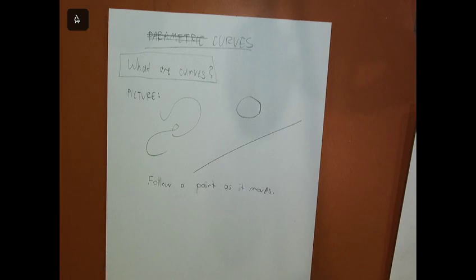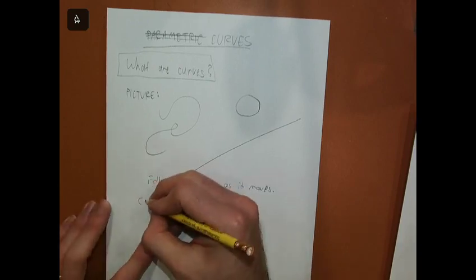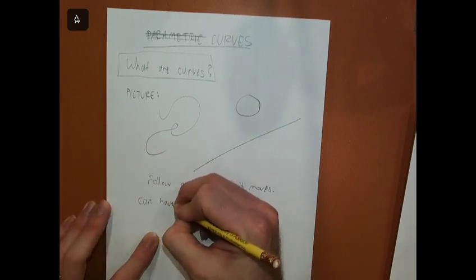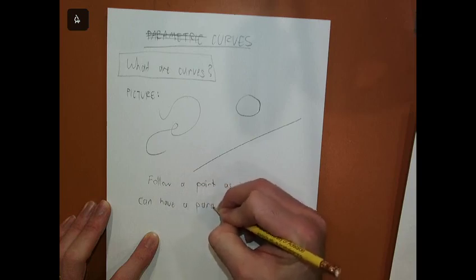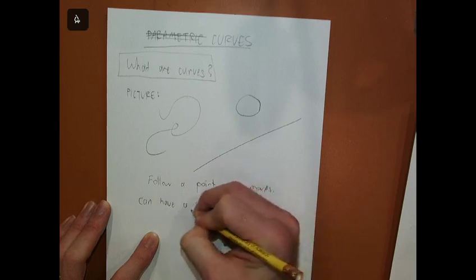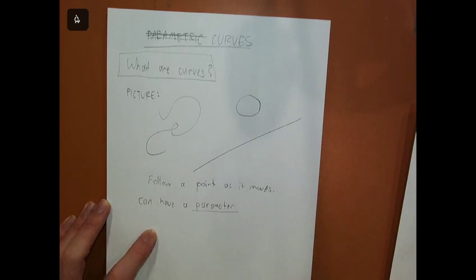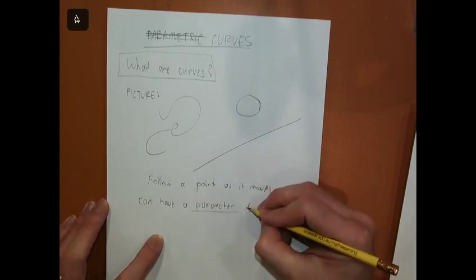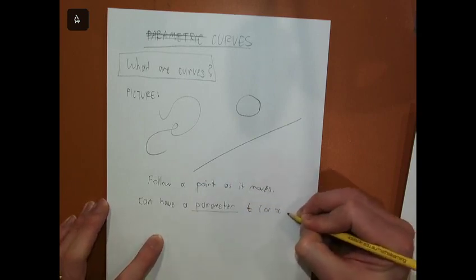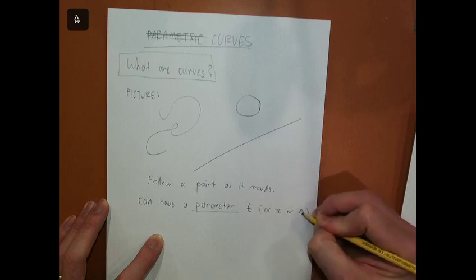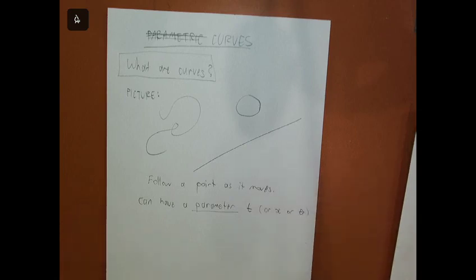We can have a parameter, which is a fancy word for variable. It's normally called t, or it could be x or theta or whatever you want it to be. It's usually t, but it doesn't have to be. You can have a parameter t that tells you where the point is up to at the moment as you follow it along its track.